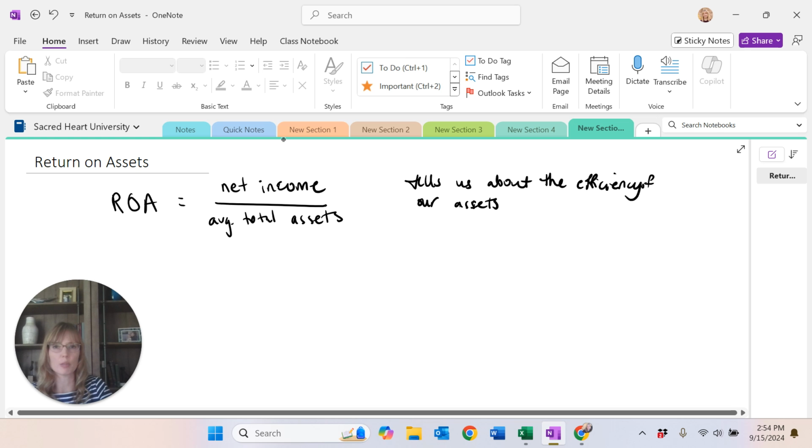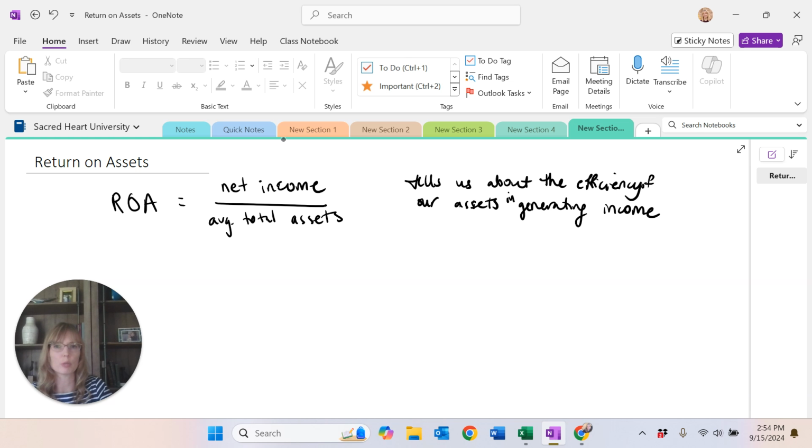We have to finance them with either liabilities or equity. How well do those assets generate? It tells us about the efficiency of our assets in generating income. For every dollar invested in assets, how much income was produced?